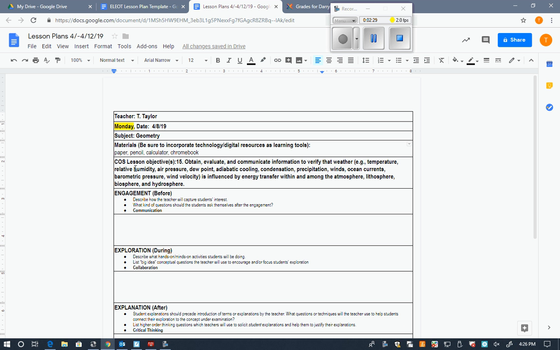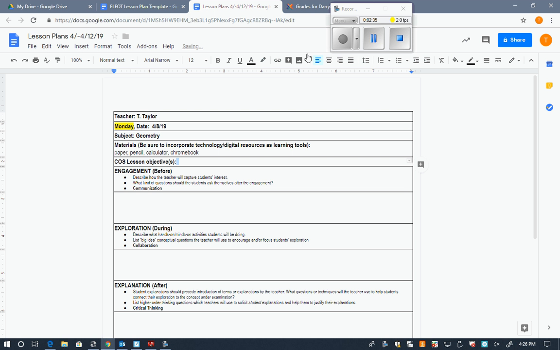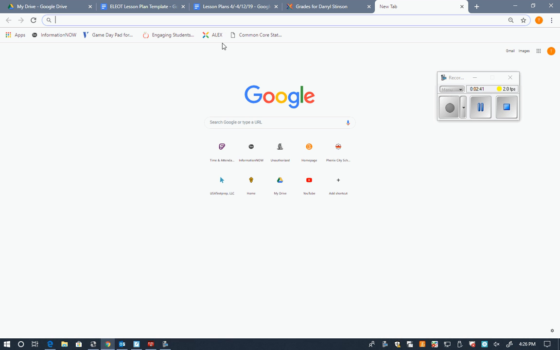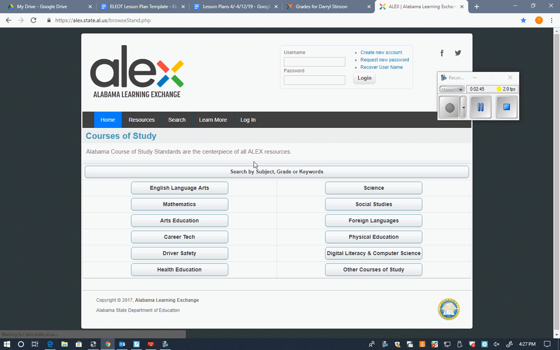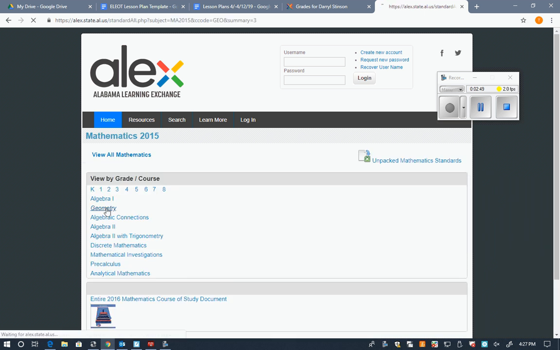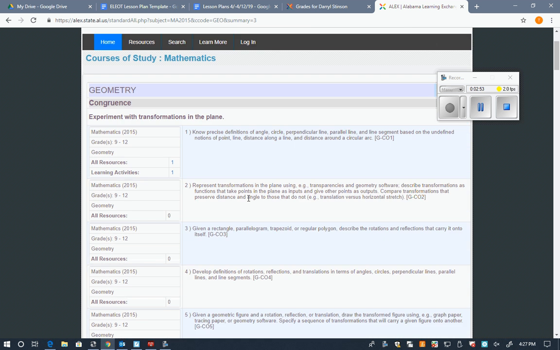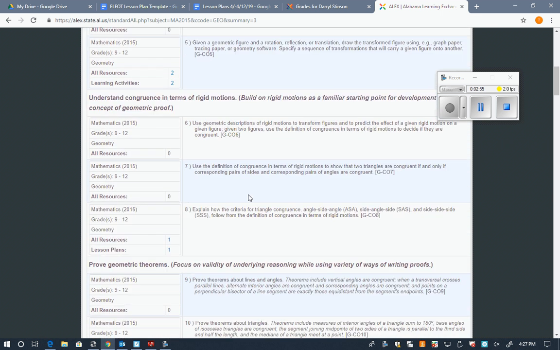However, the course of study and the lesson objectives, this is not what I need. For me, when I'm going to find these, if I open a new tab, you see up here that I have Alex saved. When I click on this tab and I go to mathematics, it lets me click geometry, and it has all of our course of studies written out for us.